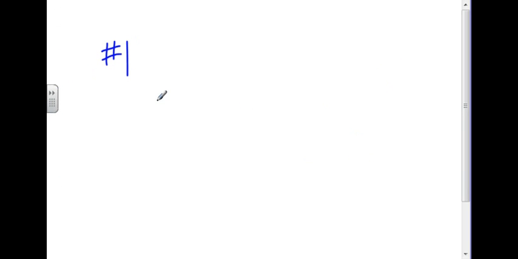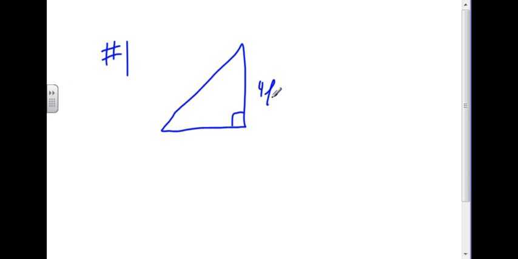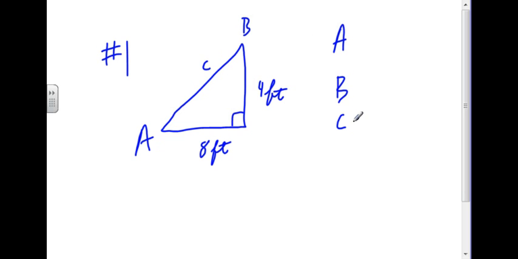Number 1. I've got a right triangle. I know I've got 4 feet here, and 8 feet there. But I don't know A, B, or little c, and that's what I'm looking for.